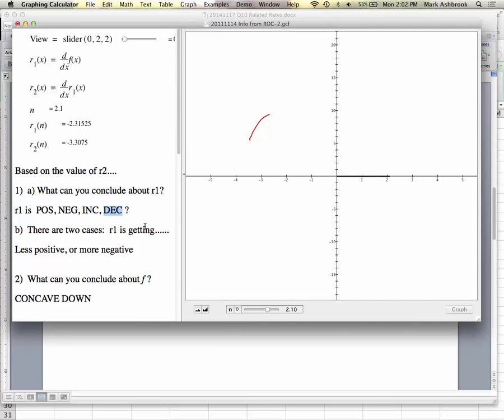Okay. I'm showing you R1, right? So from the value of R2, it's negative 3.3. So what can you say about R1? Can you say from that whether it's positive, negative, increasing, or decreasing?